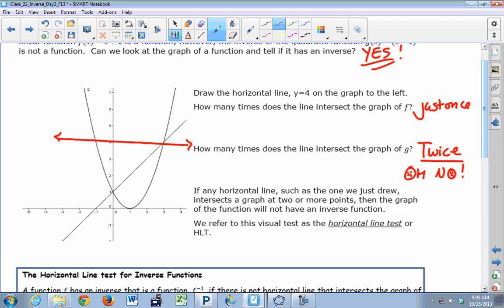Because we said that if we have the situation where we have two different inputs, we had -1, and when we subtract 1 from it, we get -2, and when we square that, we get 4. So we had this point right here on our original graph, -1, 4. We also had the point 3, 4 on f.